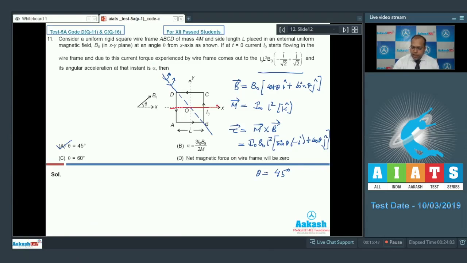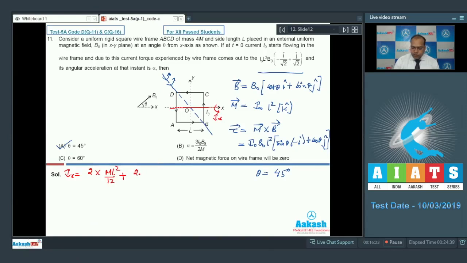So let the Ix of this given arrangement in this direction be Ix. Then the value of Ix can be written as the moment of inertia of this rod about this axis is ml square by 12, and this rod also has the same moment of inertia. So 2 times m into L square by 12 plus each element of this rod is at a distance of L by 2 from this axis.